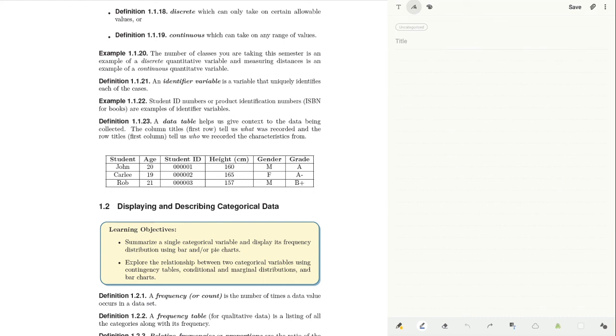The column titles in the first row tell us what characteristics are recorded, and the row titles in the first column tell us who we recorded the characteristics from. So in this example, we have the age, the student ID, height, gender, and grade as the characteristics, and we recorded them from the students, John, Carly, and Rob.